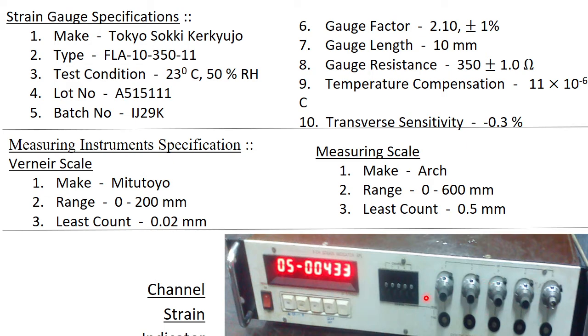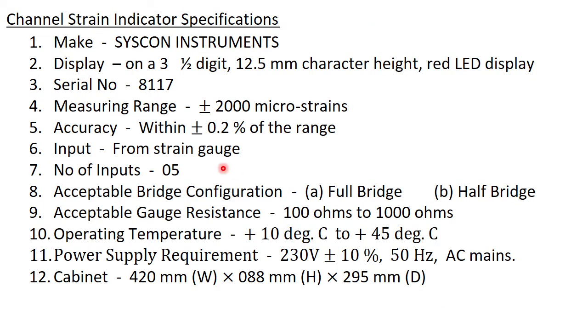We need to balance those strain gauges, right? You know what is zero balancing. So for that, these are the resistance spots for the adjustment of zero balance of those strain gauges. So that you can connect up to 5 strain gauges. Input from strain gauges, number of input is 5.